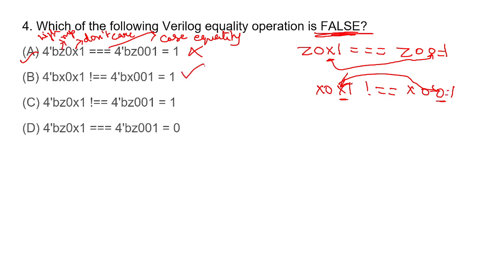So this statement will be correct, because it is given as not equal to. This operator is for inequality.